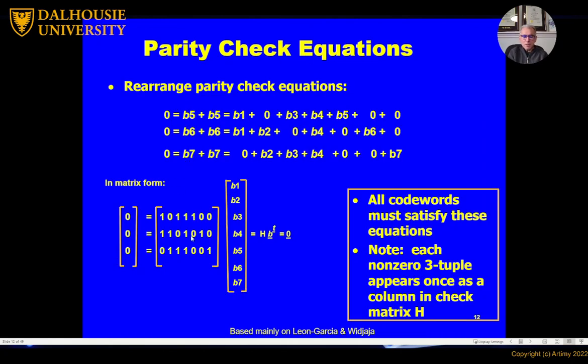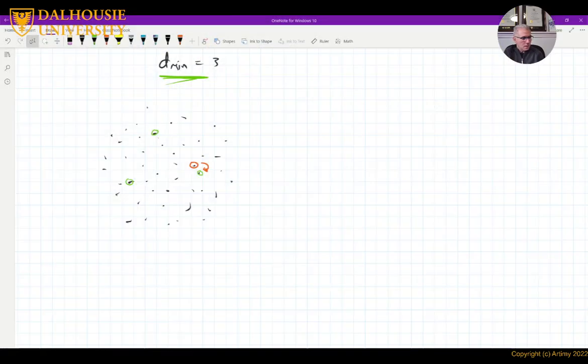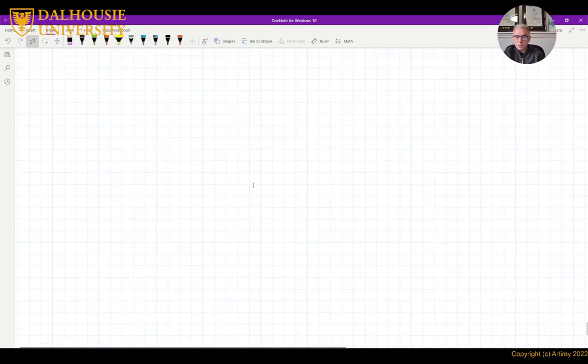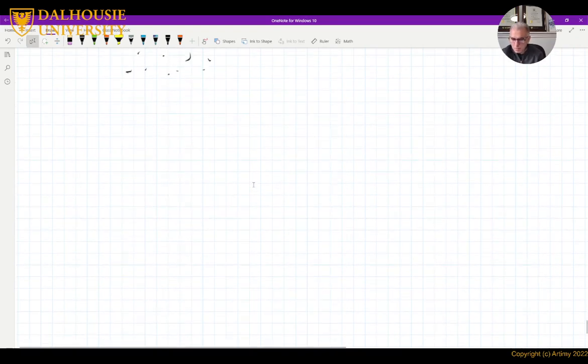We can generate the code by creating something called the G matrix. The G matrix can be created from the H matrix and vice versa. So, going back to the notes here, the H matrix looks like this.